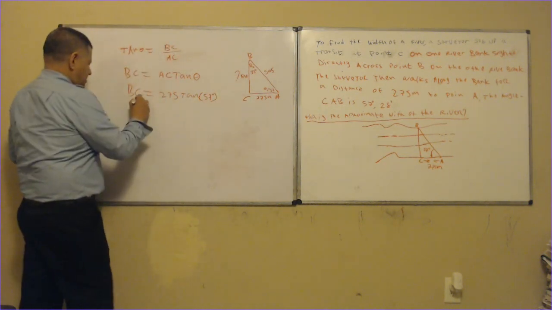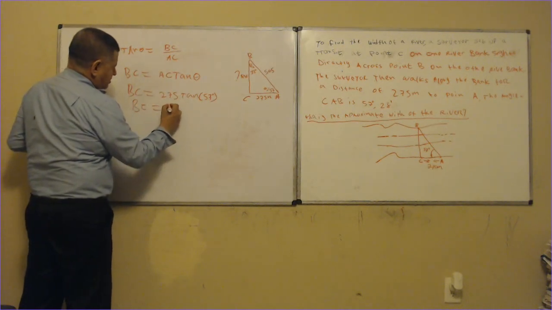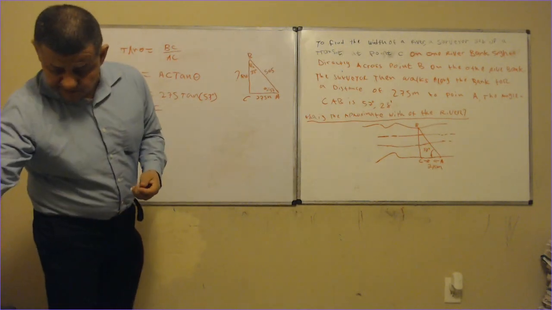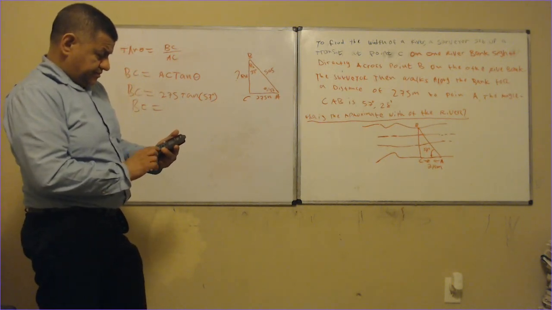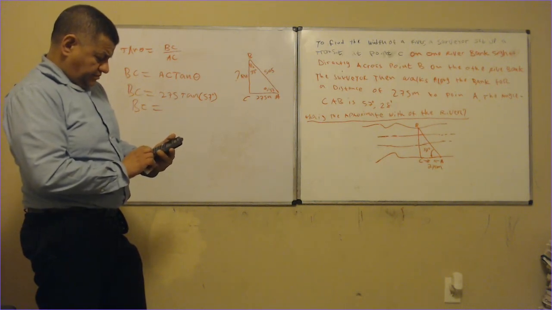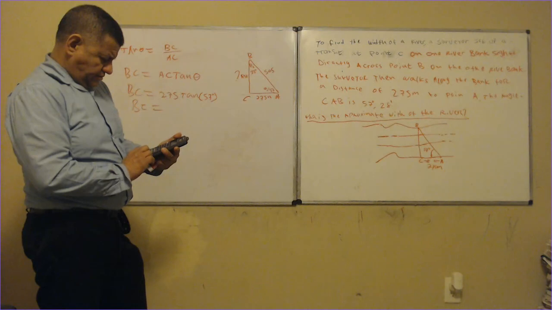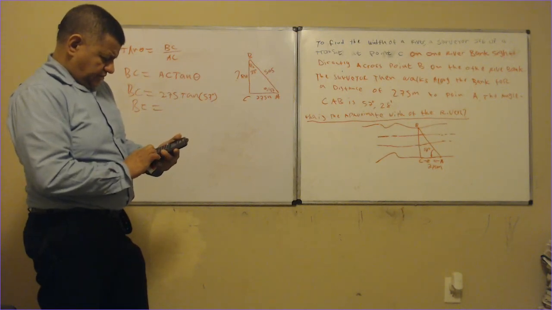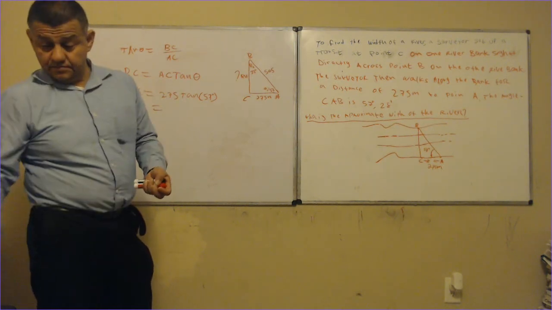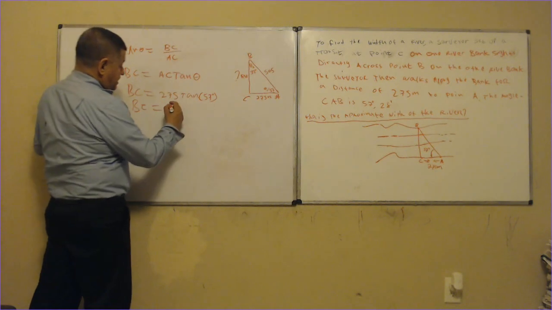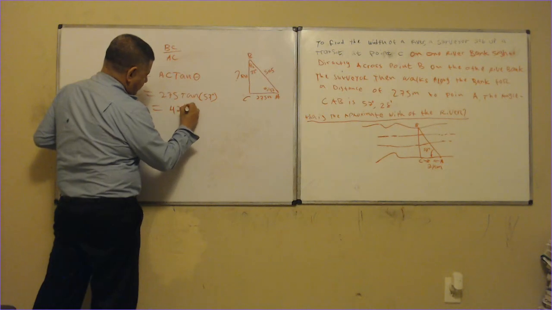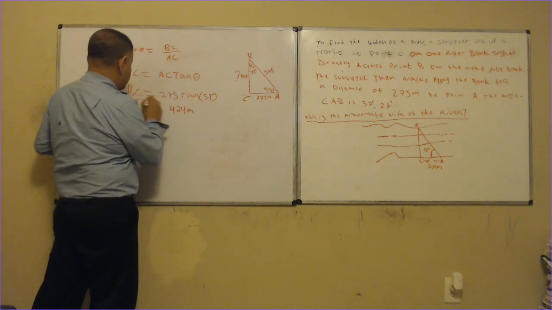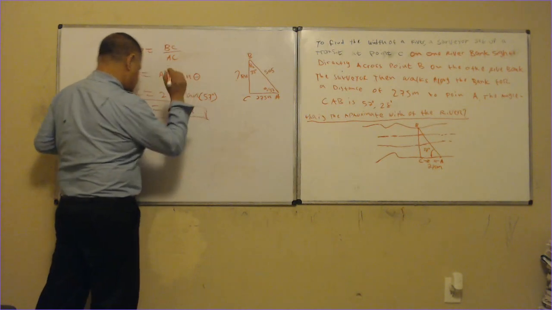And then BC is equal to 424 meters. Here you go.